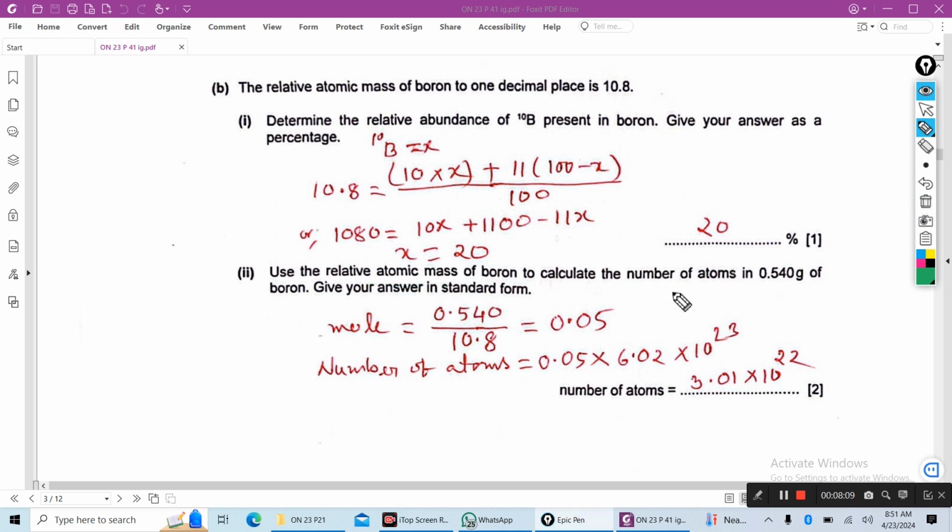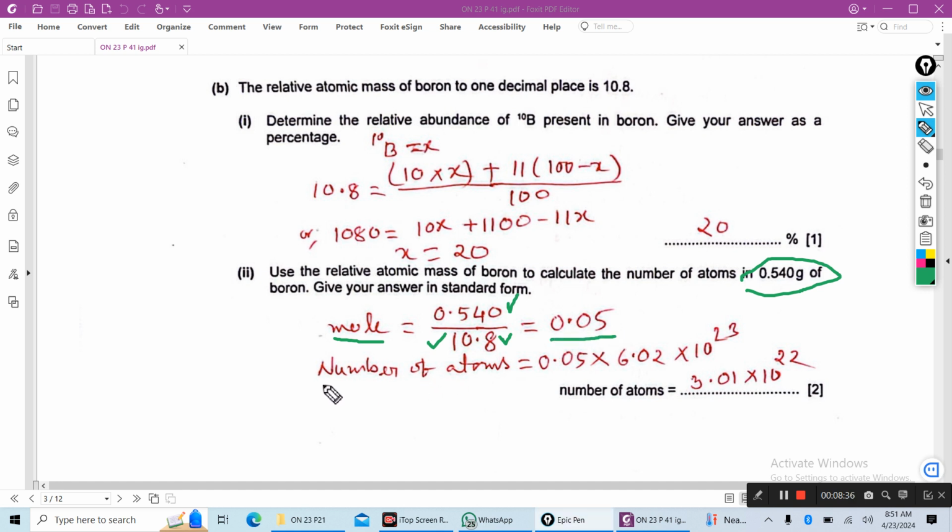At first, as mass is given, you will calculate the mole of boron, mass divided by molar mass. As boron is 1 atom, 10.8 is the relative atomic mass. Mole equals mass in gram divided by relative atomic mass, so you will get 0.05 mole.